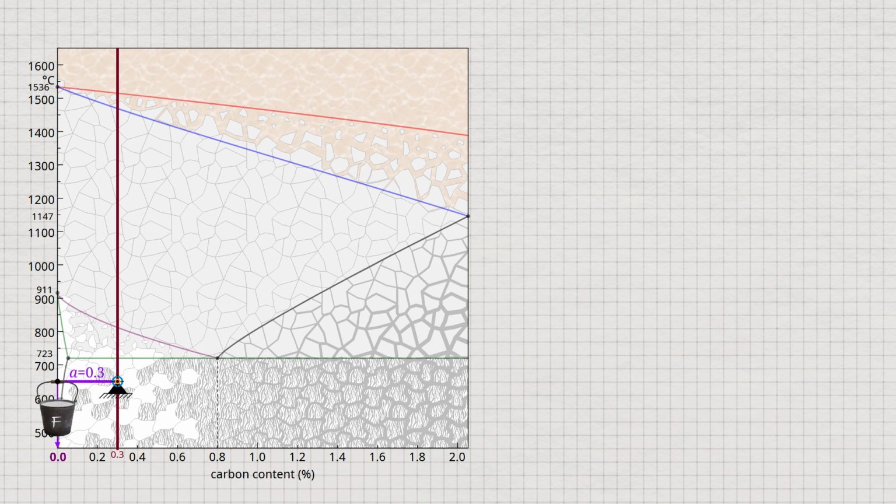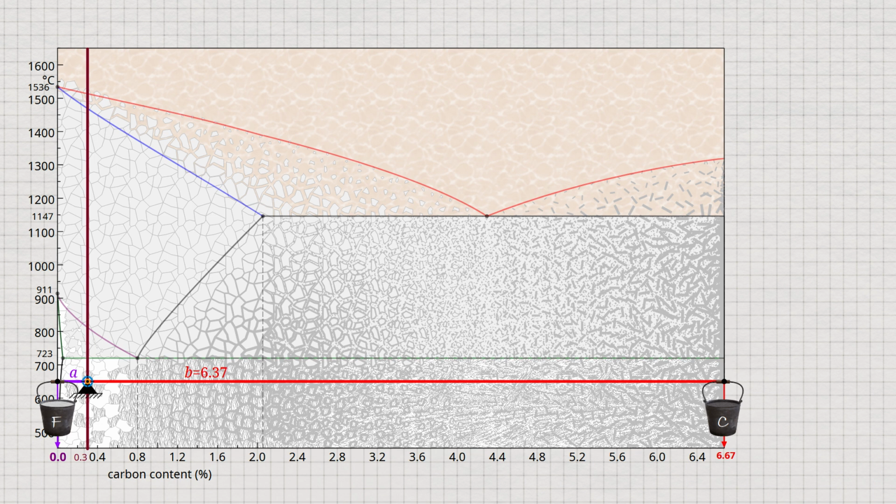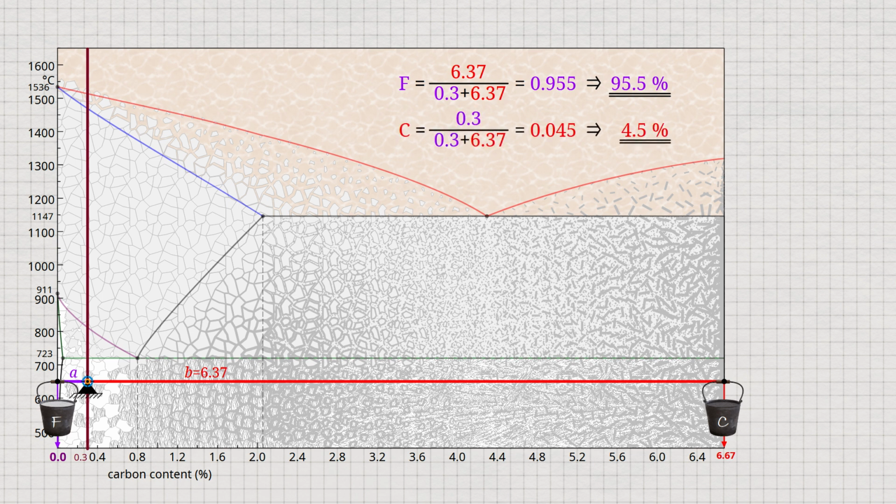The cementite phase occurs at 6.67% carbon because at this carbon content the microstructure is 100% pure cementite. Applying the lever rule, this gives a ferrite content of 95.5% and a cementite content of 4.5% in the microstructure. In the hypoeutectoid steel under consideration, the cementite is exclusively present in the pearlite microstructure in the form of lamellar cementite.